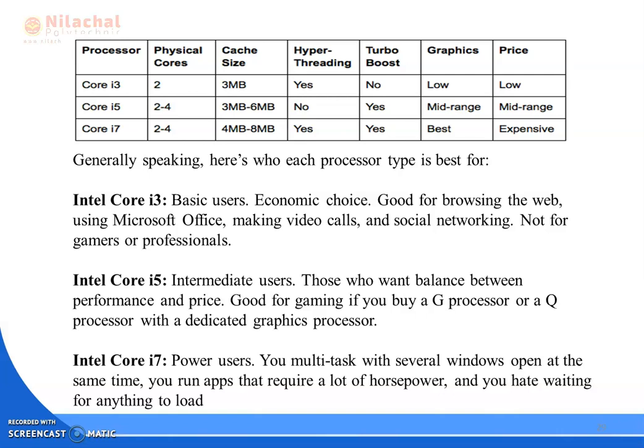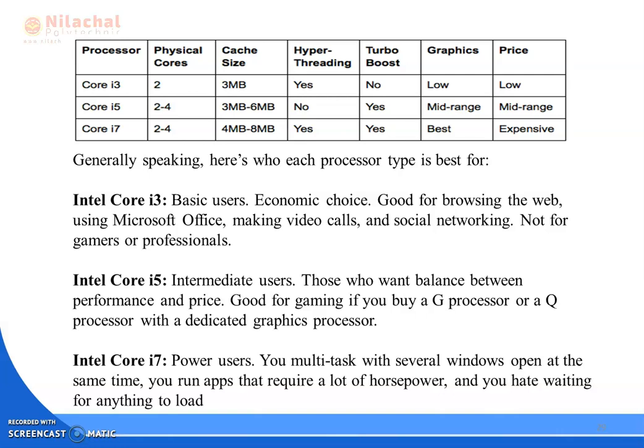Let's come to the Intel Core i7 processor. It is very good for graphics, very good for turbo boost, and it is good at hyper-threading too. It has the best cache memory, up to 4 MB to 8 MB. The price is a little bit expensive, but it is very good at multitasking with several windows at the same point of time.